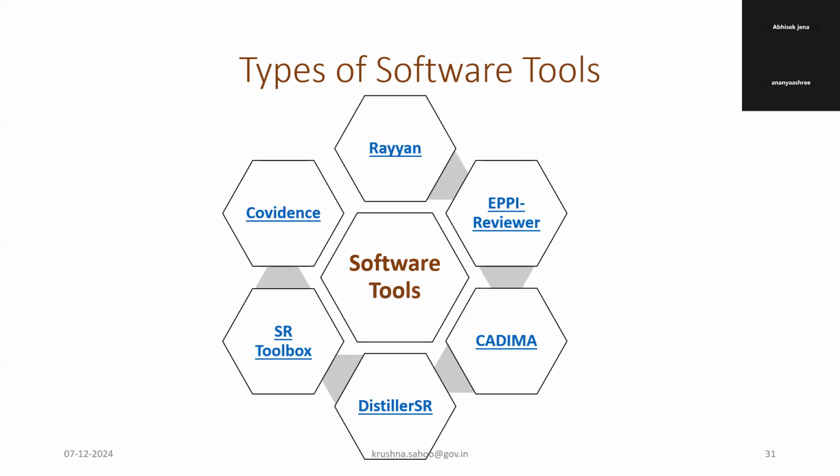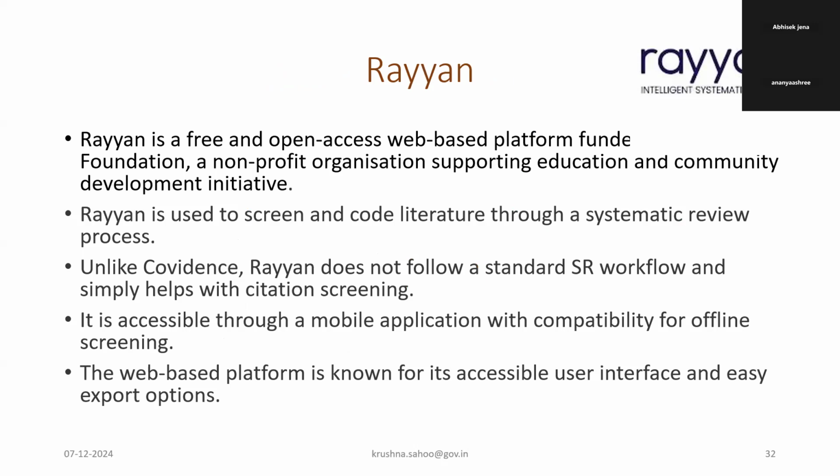So these are some of the tools: Rayyan, Covidence, EPPI-Reviewer, SR Toolbox, Cadima, then SR Accelerator. These are the different software available. Rayyan is free and open access software, but now they have some paid license versions also.